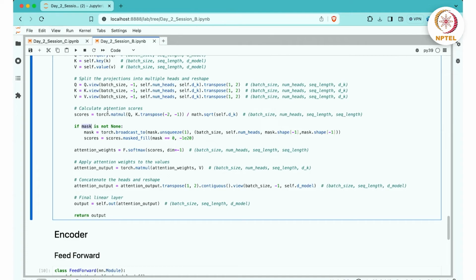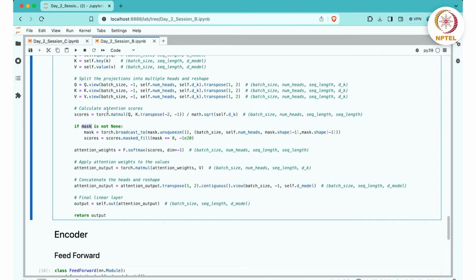Another classic case where you end up using masked attention is in the decoder phase, which we'll talk about in detail later. The idea being, when you are generating a sentence, you want attention with everything which is produced before this token. So in the sentence "I am watching this on NPTEL", when I am on "am", I want to have attention with "I" and "am", but "watching" is not generated yet.